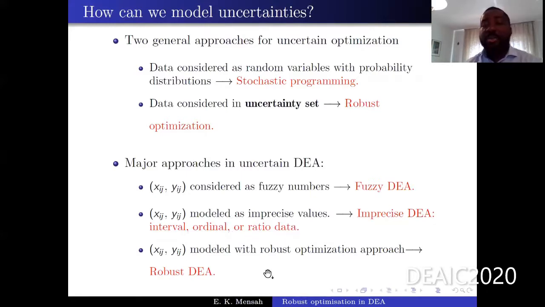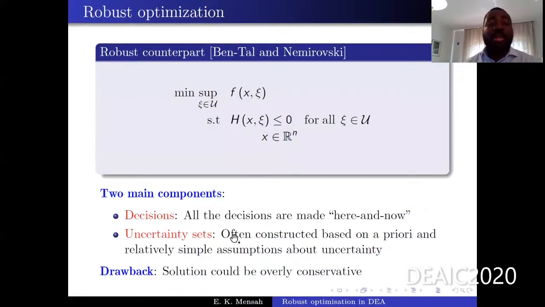In recent times, in 2008, Sadjadi and Omrani introduced robust optimization into DEA, where now we have the robust DEA. Now let's look a bit into robust optimization.